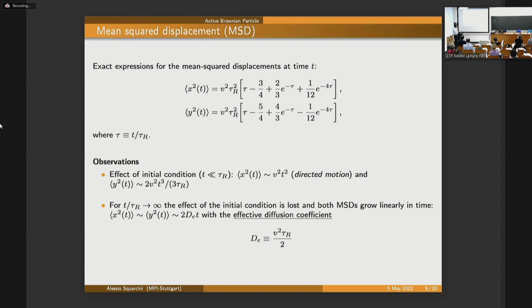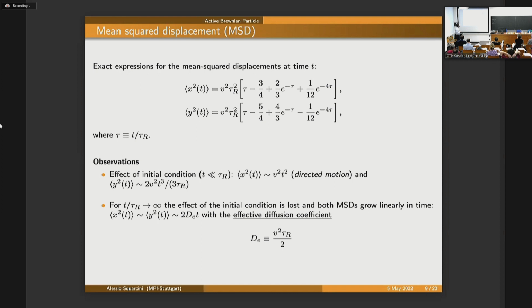But before commenting on that, I can comment on what the mean square displacements are. As you see, you simply have to set t1 equal to t2 in the previous expressions. And so there is an interesting fact. For short times compared to the rotational time, the mean square displacement along x and along y are strongly anisotropic, as you maybe expect.